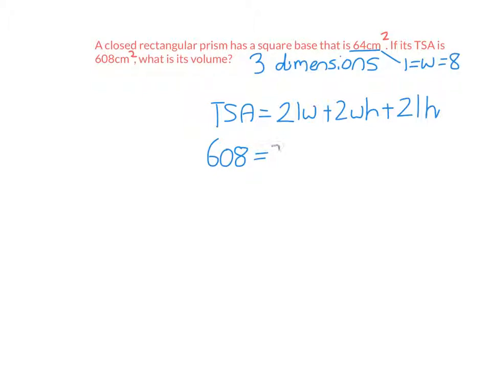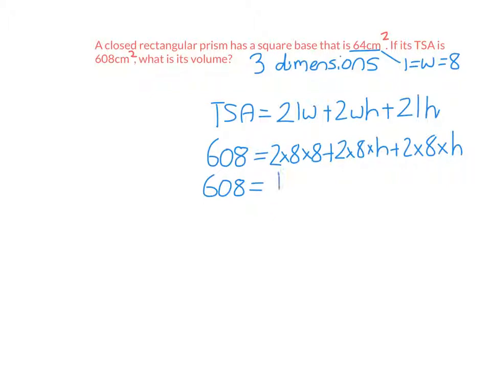So I have 2 times length is 8, width is 8, plus 2 times width is 8 times height, plus 2 times length is 8 times the height. I am trying to find what h is. Let's tidy this up a bit. So I've got 608, 2 times 8 times 8 is 128, plus 16 times the height plus 16 times the height.